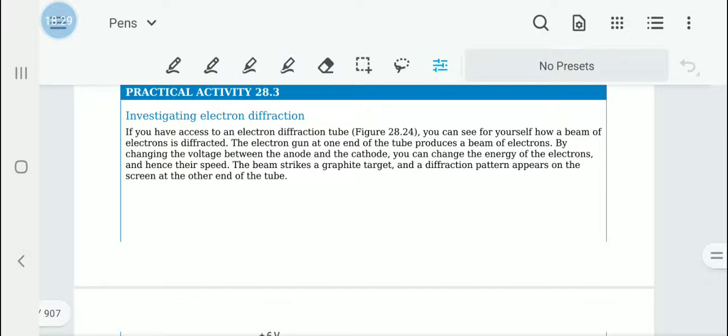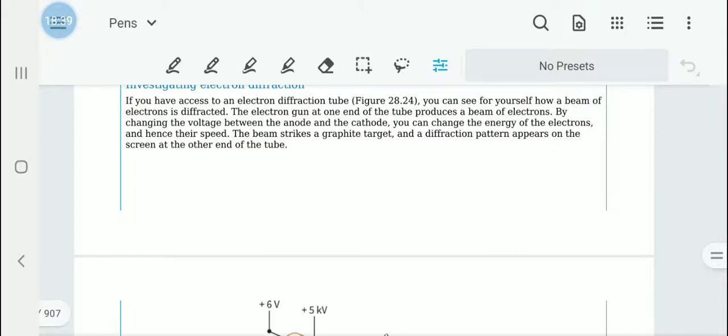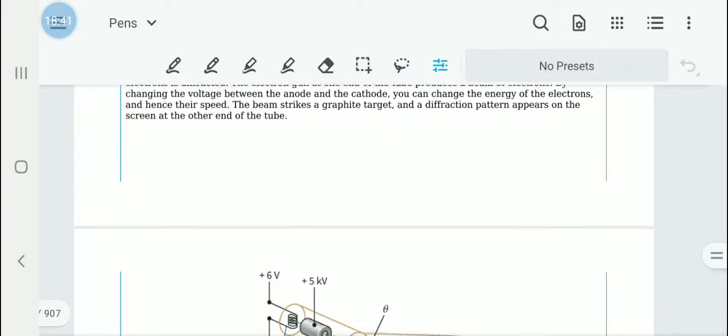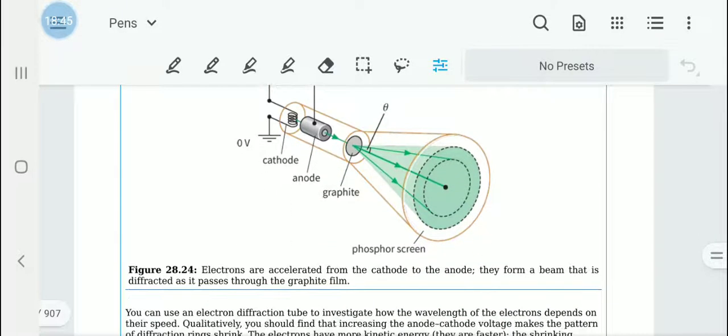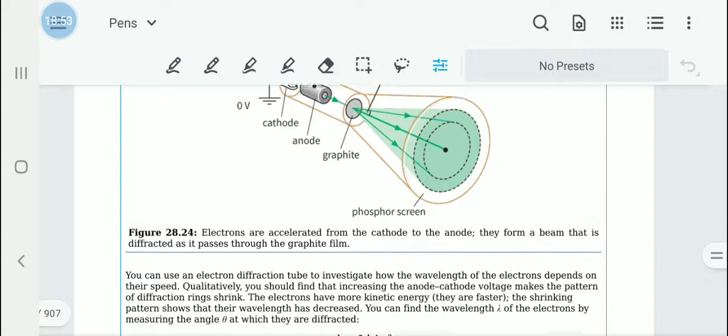We can change the energy of the electrons and thereby control their speed, and then allow them to strike a graphite target. Then we will be able to see the diffraction points, or diffraction rings, on the phosphor screen.